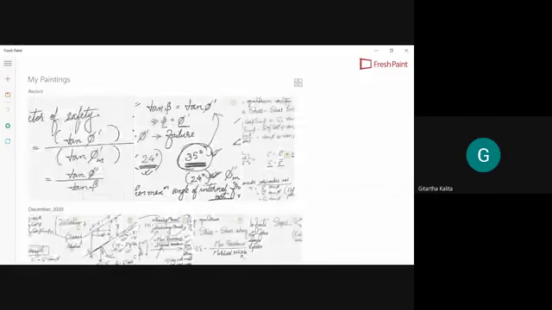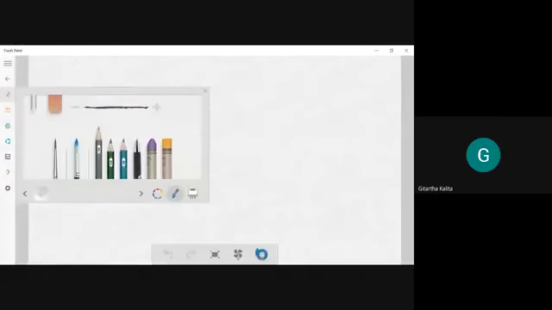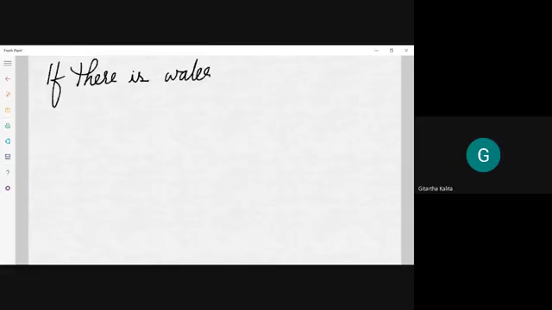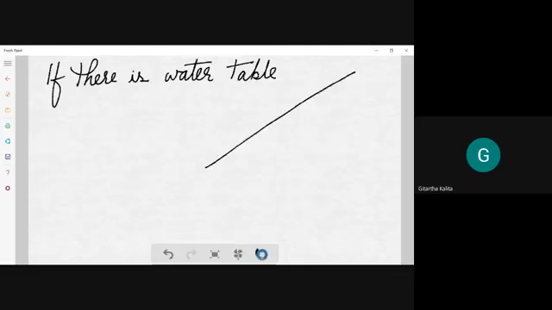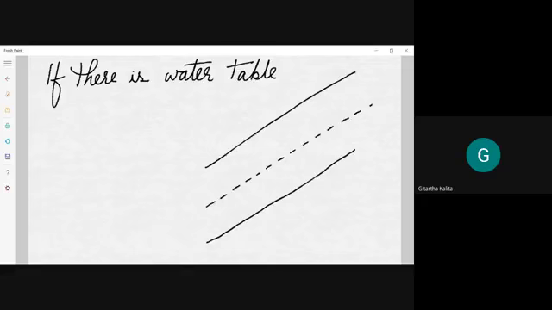Now, if there is a water table, what will happen? Suppose this is the slope, and suppose the water table is like this.